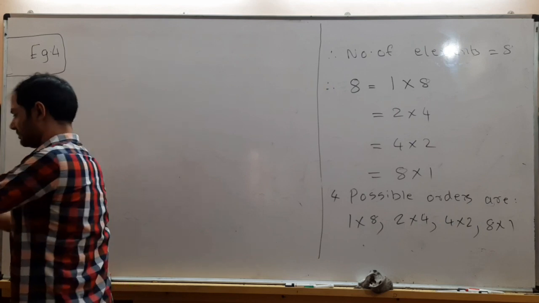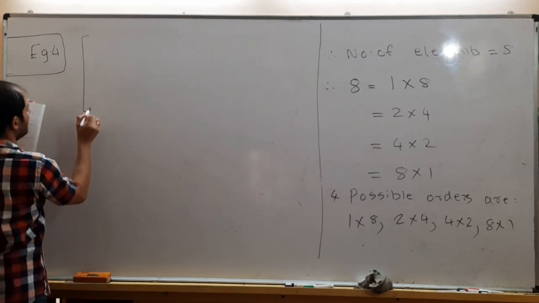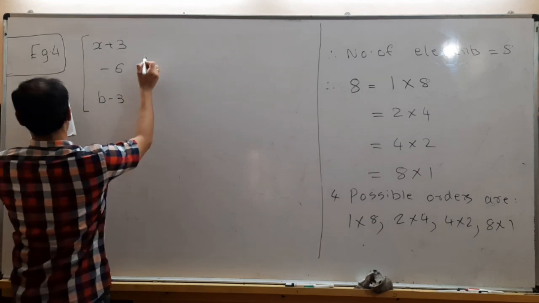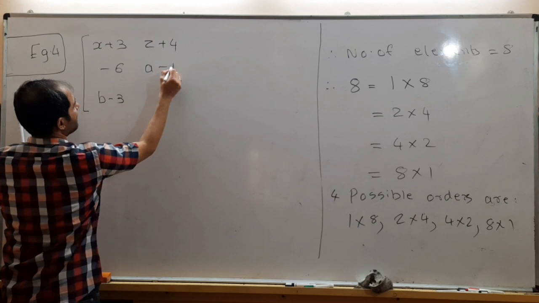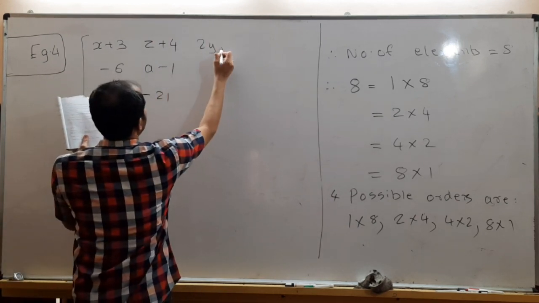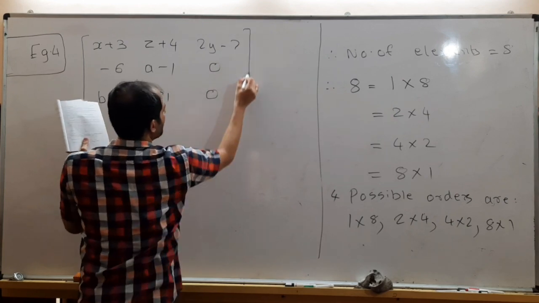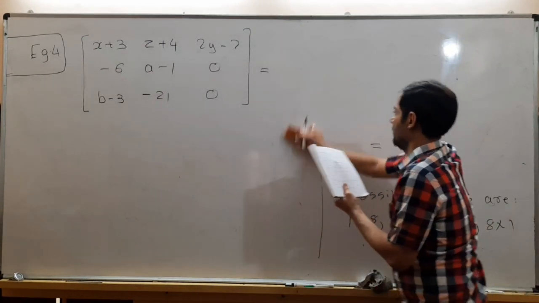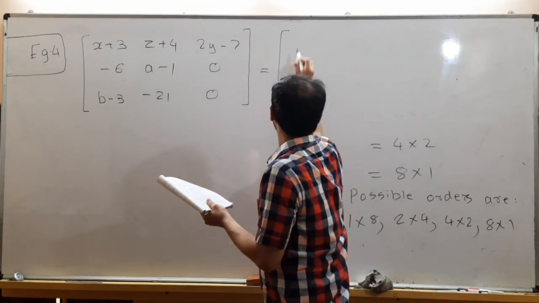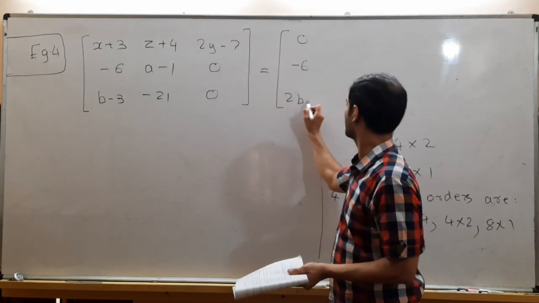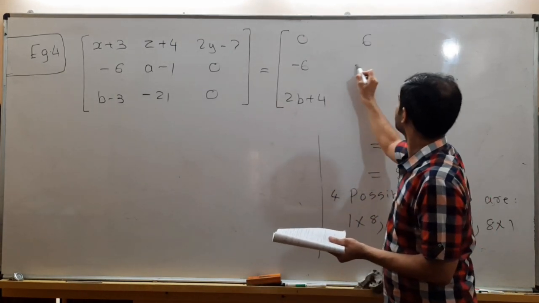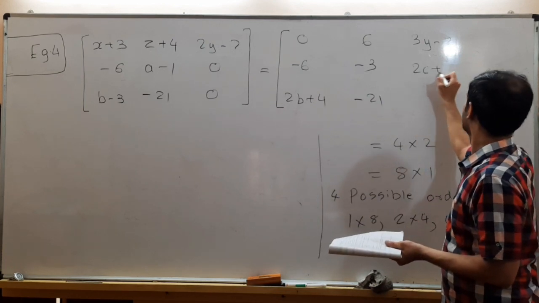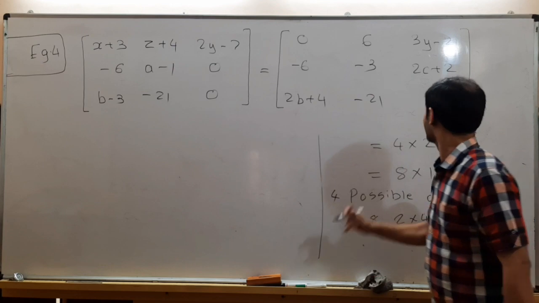It is given that two matrices are equal. The first matrix is x plus 3, minus 6, b minus 3, z plus 4, a minus 1, minus 21, 2y minus 7, 0, 0, equal to 0, minus 6, 2b plus 4, 6, minus 3, minus 21, 3y minus 2, 2c plus 2, and 0. This is what is given.